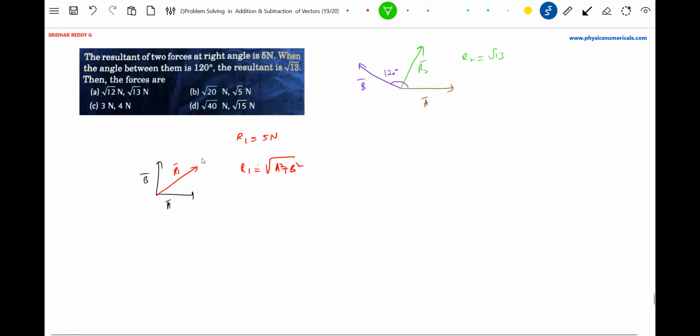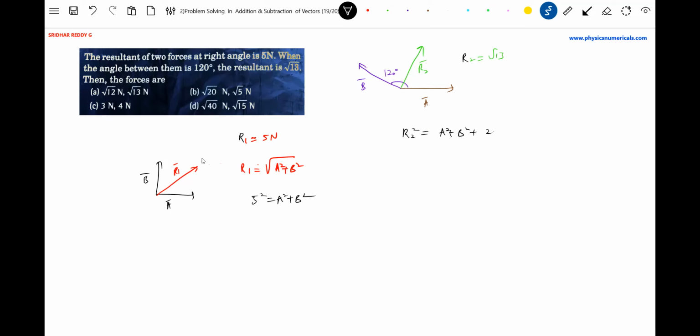I think everyone is able to understand the conditions given clearly. We are asked to find the forces. So R1 equals this much. So 5 square equals A square plus B square. What shall I write as the equation here? R2 square is equal to A square plus B square plus 2AB cos 120 degrees. What is R2?